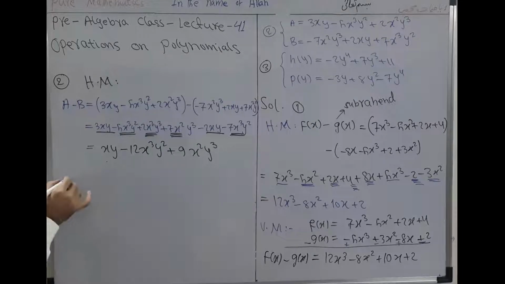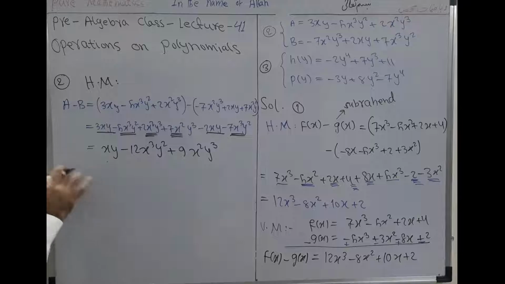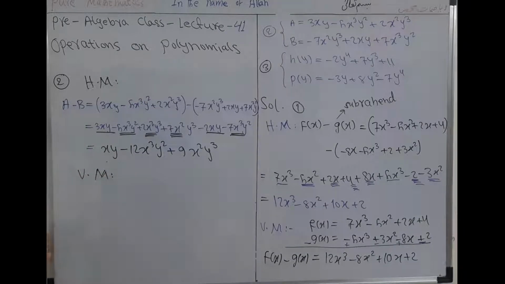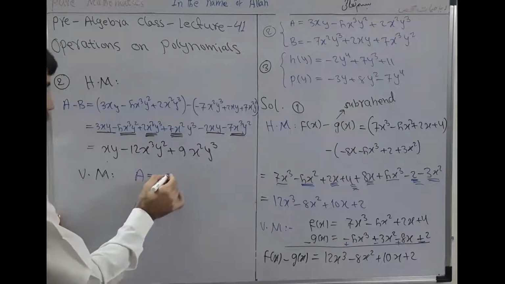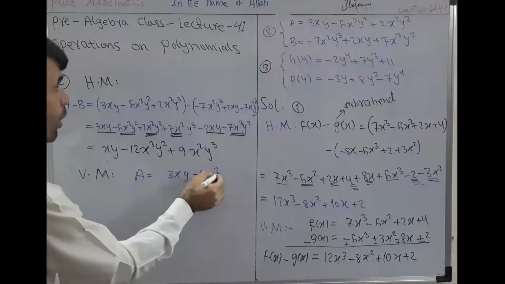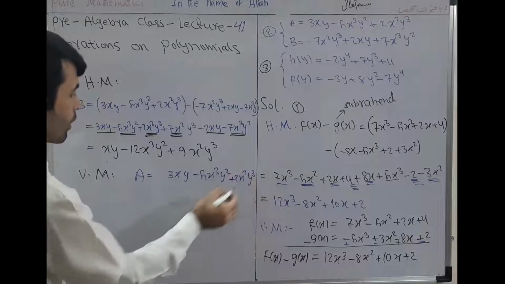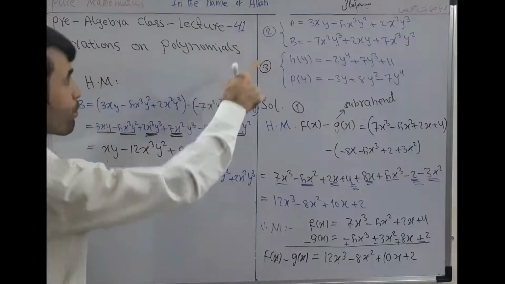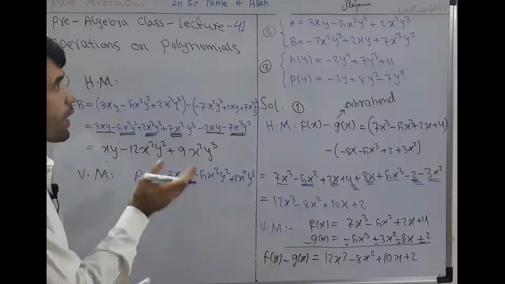Now we want to solve by vertical method. First, we want to write a is equal to 3xy minus 5x cubed y squared plus 2x squared y cubed. B is equal to b. Now here we have to write like terms under each other.